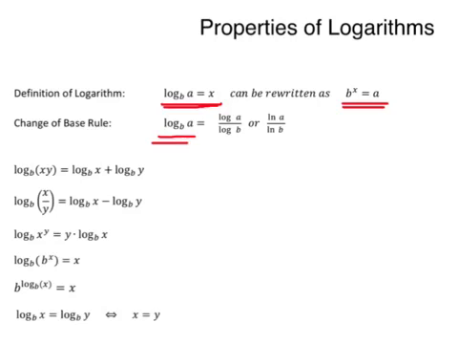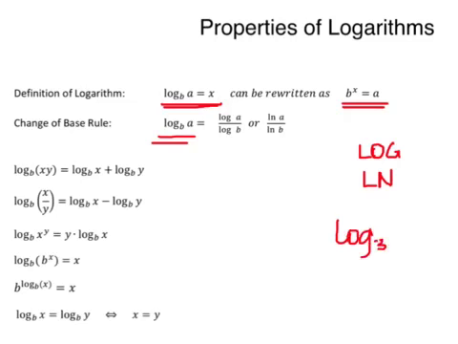In other words, what if we wanted to do something on the calculator? Well, the calculator only has log, which is base 10, and ln, which is base e. And what if we had log base 3?